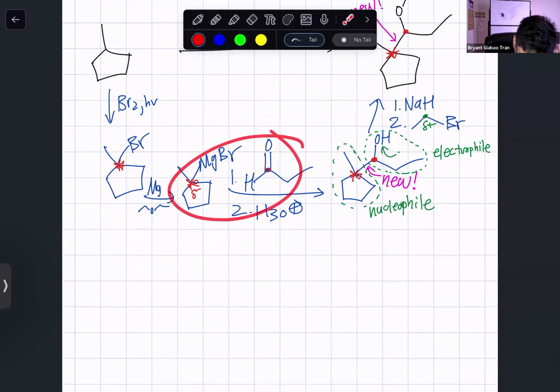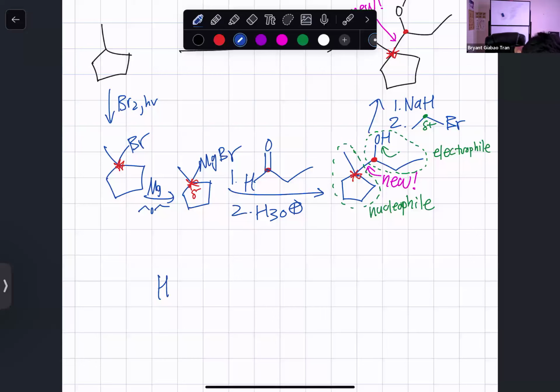Because doing this is the exact same thing as saying this. This is the same thing as saying that, which is the same thing as saying this.